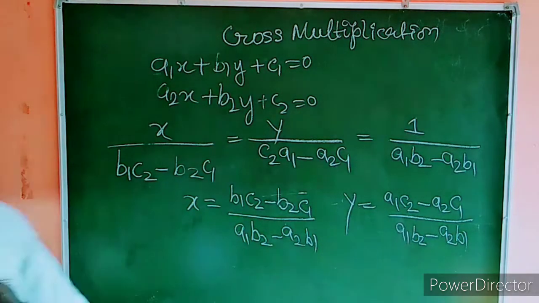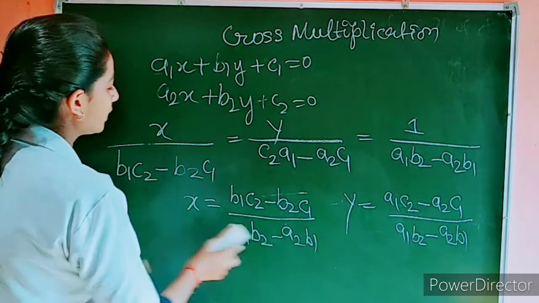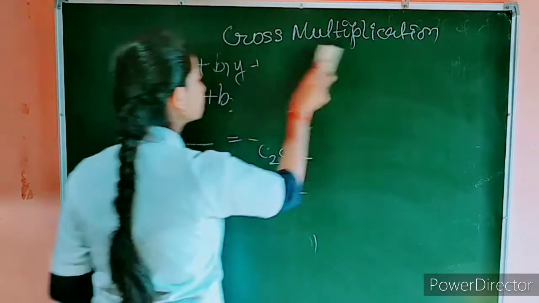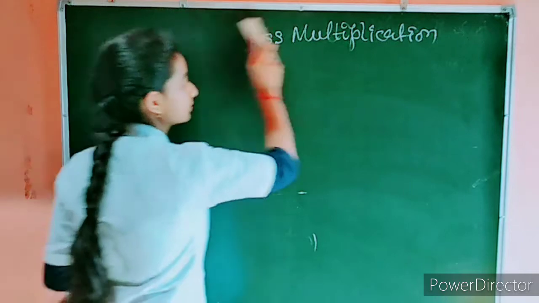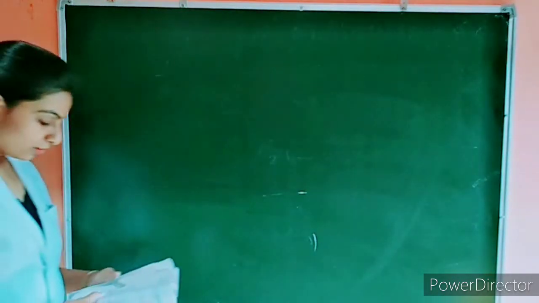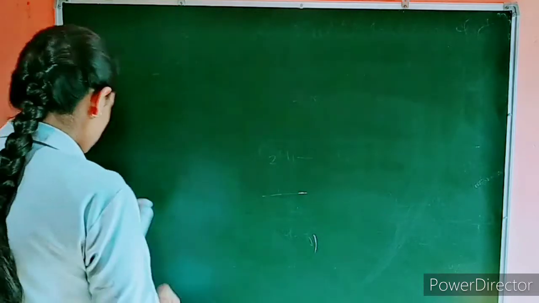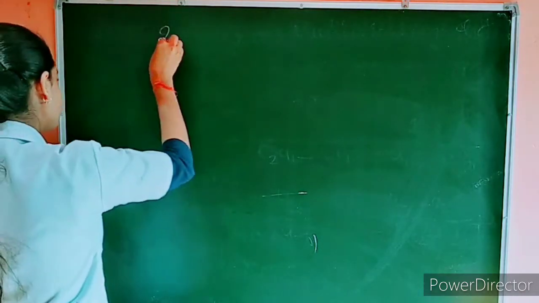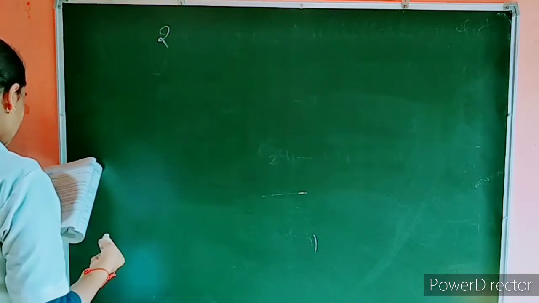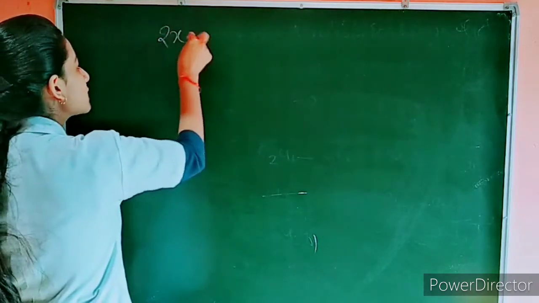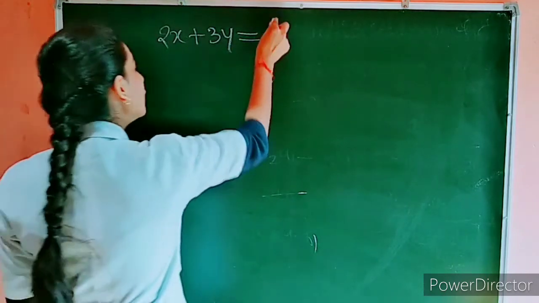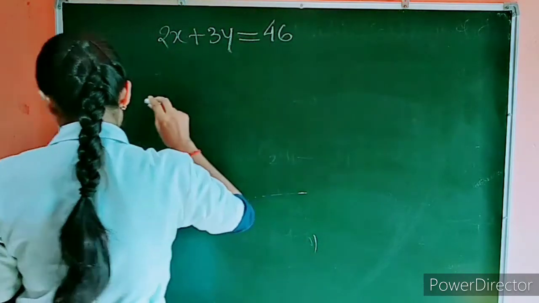Now let us take example number 14. From a bus stand in Bangalore, if we buy 2 tickets to Mangaleshwar and 3 tickets to Yeshwantapur, so 2x plus 3y, the cost will be rupees 46.